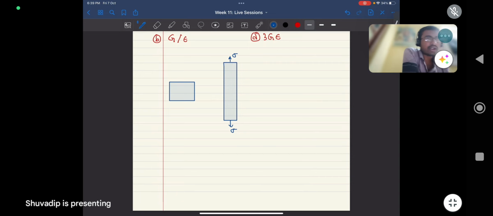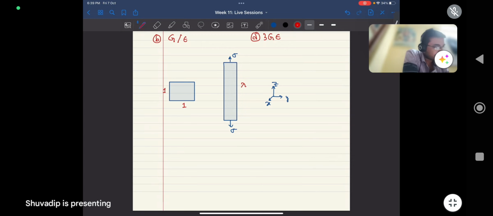Your axes are like this: this is x, this is y, and this is z. So you have elongated the whole object in the z direction, but your volume is constant.